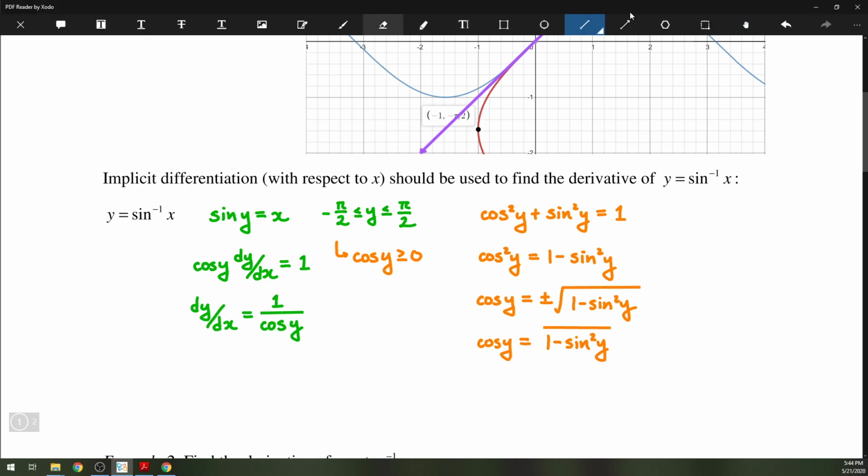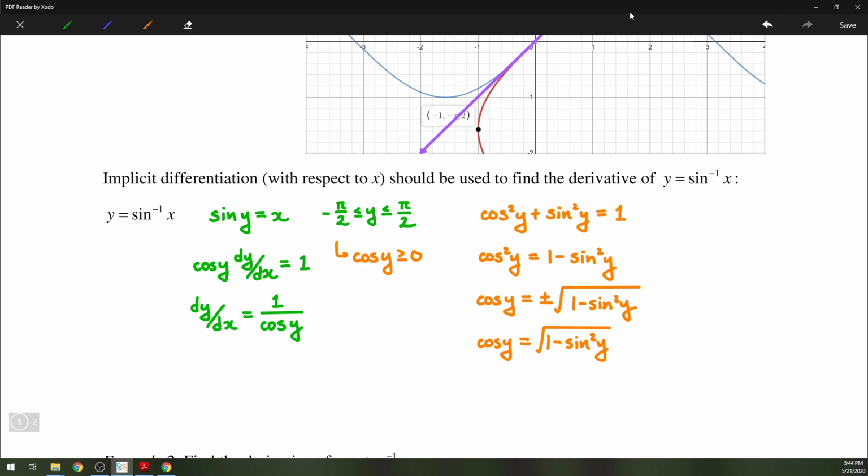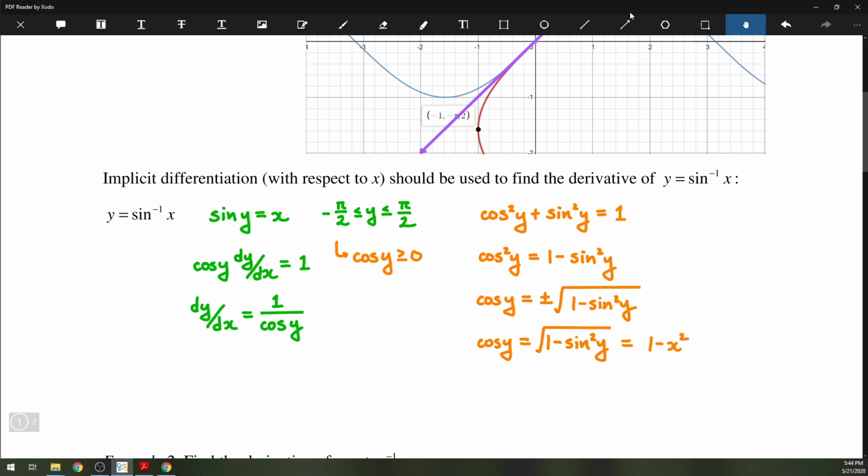So that's a little bit better, but you still have the problem of everything being in terms of y. However, you notice that at the beginning we had sine y is equal to x. That means cosine y is equal to the square root of 1 minus sine squared y, but it is also equal to the square root of 1 minus x squared. And that we can write in terms of just x.